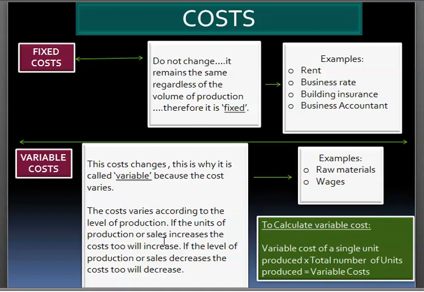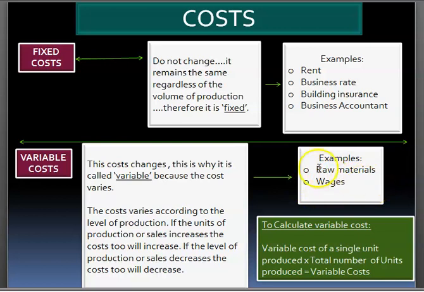So if the unit of production or sales increases, the cost too will increase. If the level of production or sales decreases, the cost too will decrease. So this variable cost varies according to the level of production. When production goes up, the cost goes up. When production comes down, the cost comes down. Examples of variable costs are raw materials.